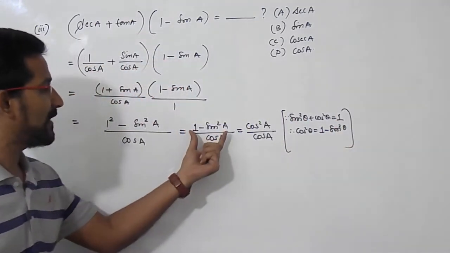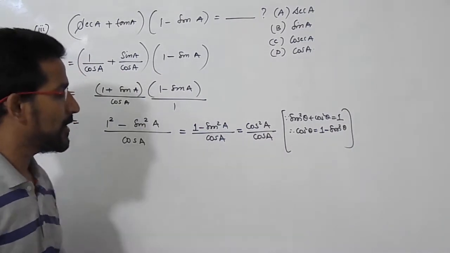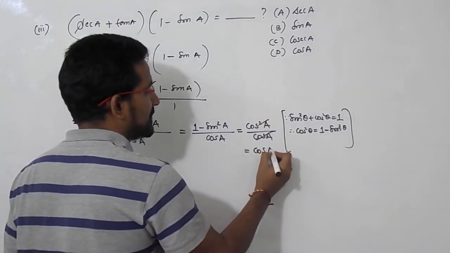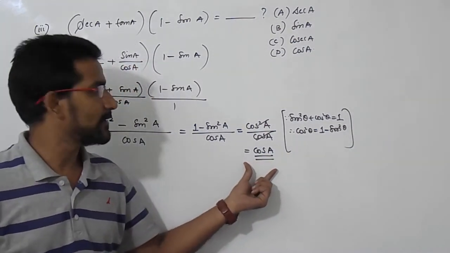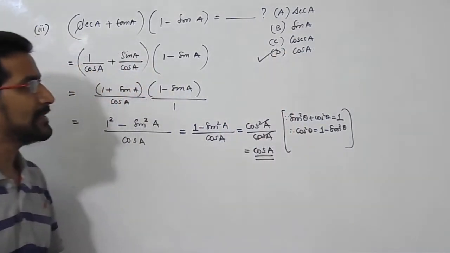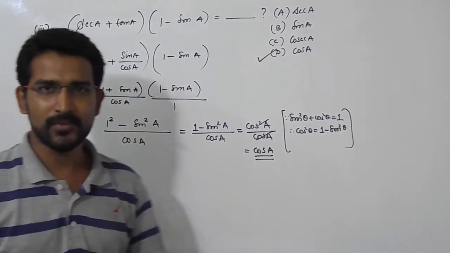So in the place of 1 minus sin square A, I can write cos square A divided by cosA. So one cos will get cancelled, so we will get cosA. So the final answer is cosA. So option D is the correct one, that is cosA. So this is how we can solve the question number 3.